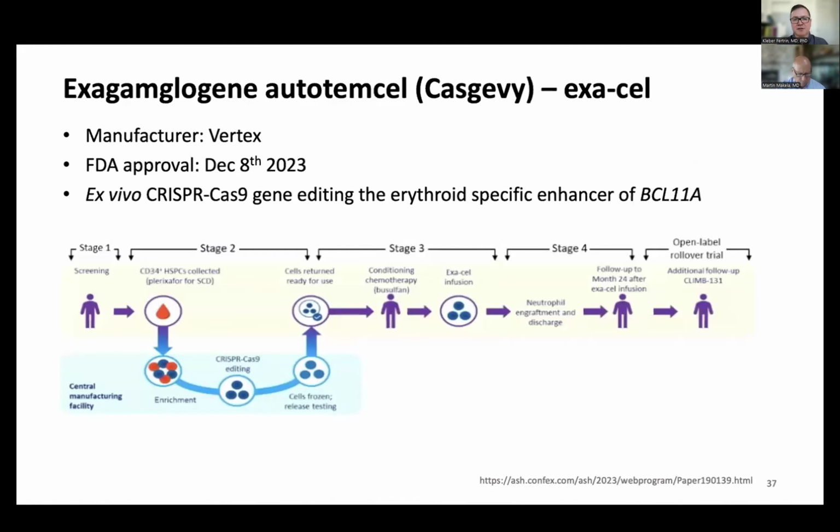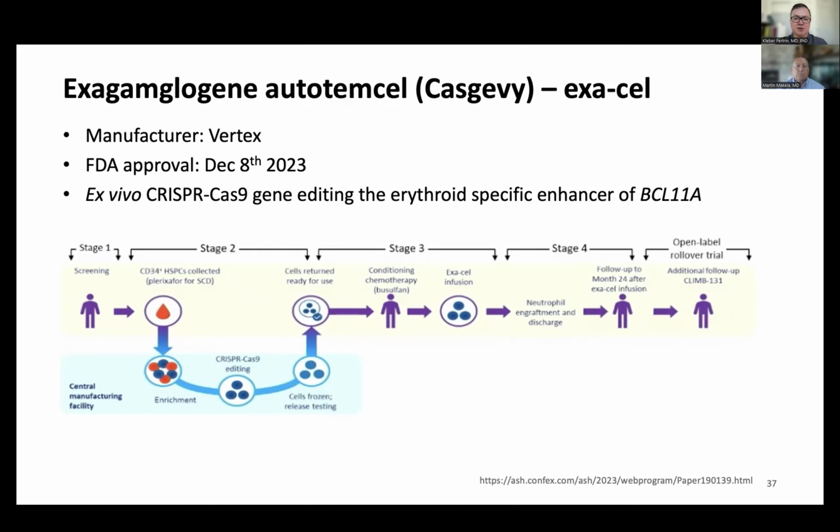The other gene therapy that was approved is called exa-cel. And exa-cel is different from lovo-cel in just the way that the genetic modification happens. So instead of introducing a new gene that makes normal hemoglobin, for exa-cel, they use CRISPR editing, this new technology that allows us to edit the DNA, and it changes an enhancer that controls how much fetal hemoglobin a person can make.